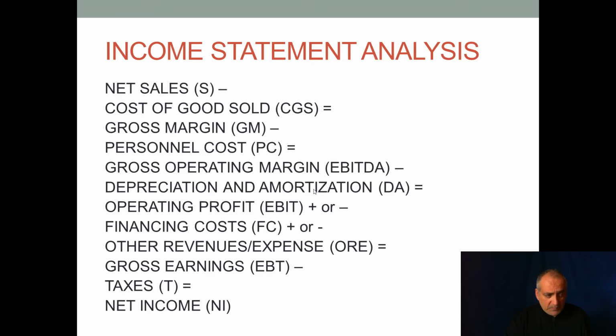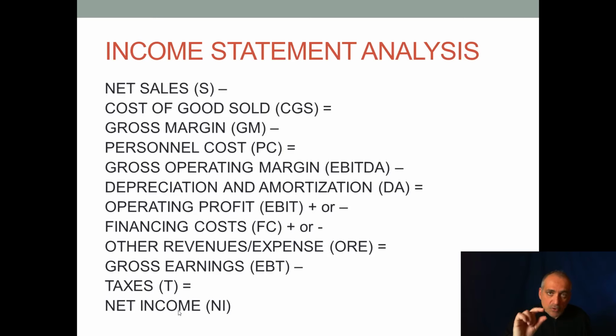We all know what it means. We get to EBIT, earnings before interest and taxes, and at the end of the day, we get gross profit less taxes, which depend on the jurisdiction where your company is based. You get to net income or profit.